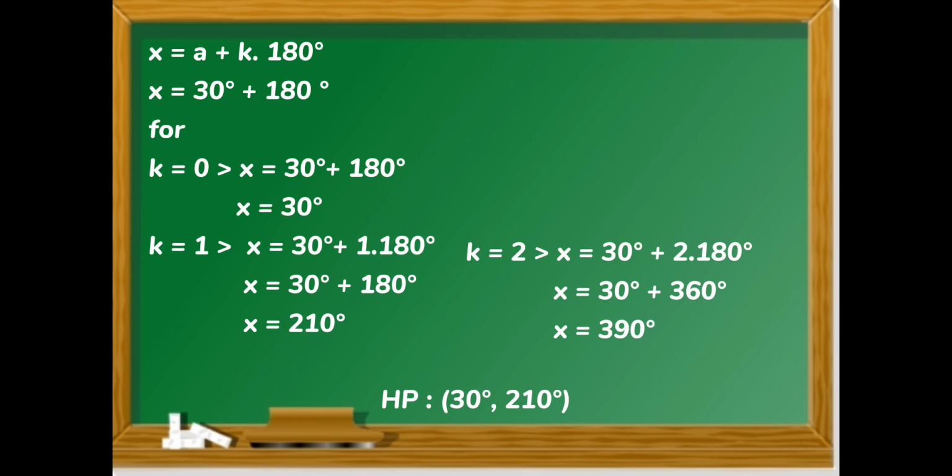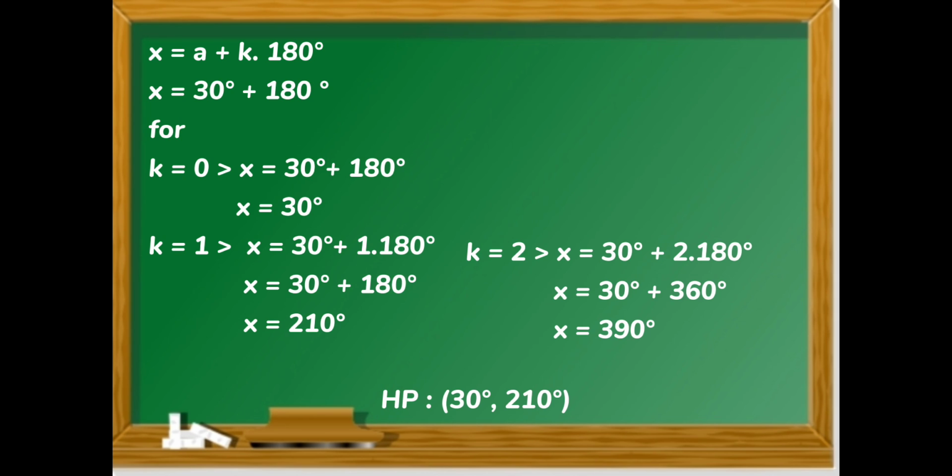Then for k equals 1, we get x equals 30 degrees plus 1 times 180 degrees.